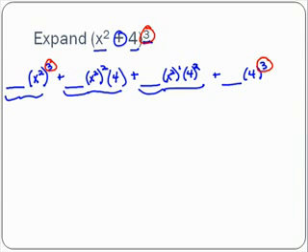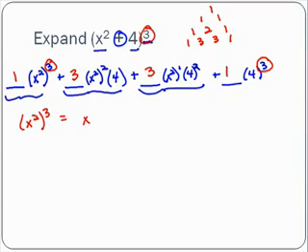Okay, so now we're just going to simplify each one of those. Now we've got to put in our coefficients. Because it's just raised to the third, a quick way to do it is just Pascal's triangle. So 1, 3, 3, 1. All right, so in this first one, I have x squared to the third.